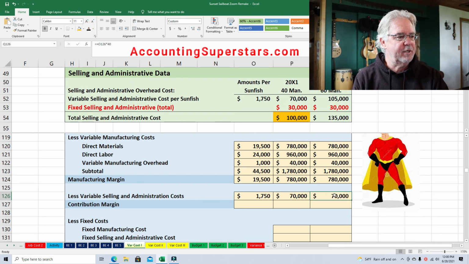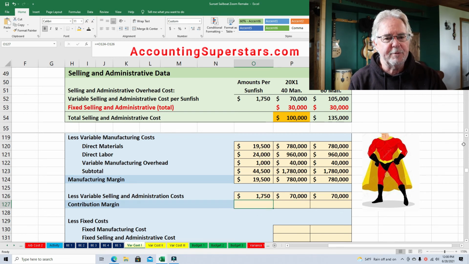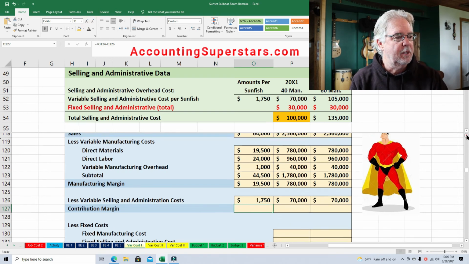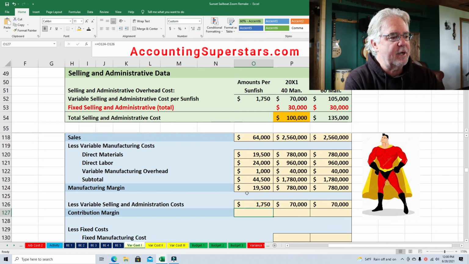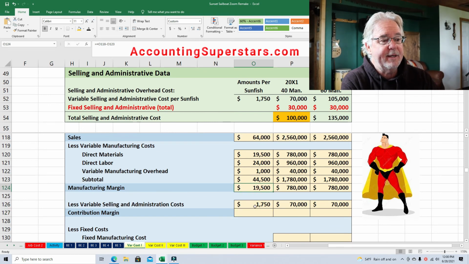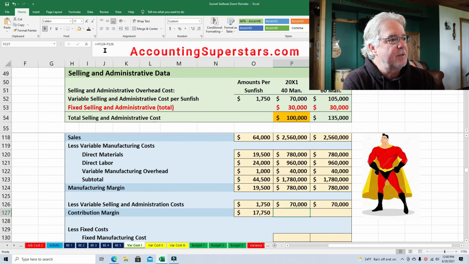All right, so there you go. Contribution margin. Contribution margin is really easy. All we're going to do is take our manufacturing margin minus our variable selling and admin costs, and we'll get our contribution margin. There we go. Very, very easy. So 780 minus 70 is 710.